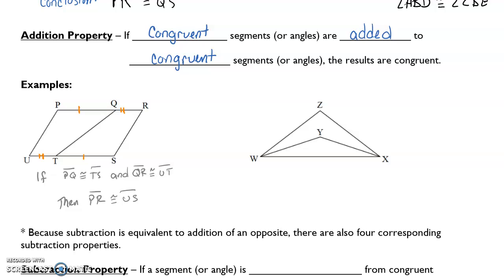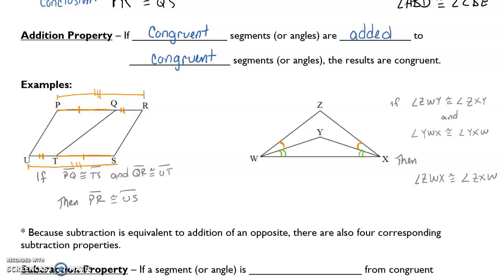So in segments, it might look like this. If segment PQ is congruent to segment ST, these are congruent segments, and I add segment QR and segment UT, which are also congruent, then the entire segment PR is going to be congruent to segment US. Angles will work in a very similar way.